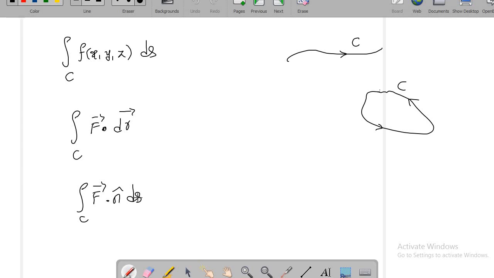So f bar dot n cap into ds. Here in the line integral, when you write ds, it actually represents the length of a small arc. Now this ds is going to be replaced with the formula for arc length: square root of dx by dt whole square plus dy by dt whole square into dt.